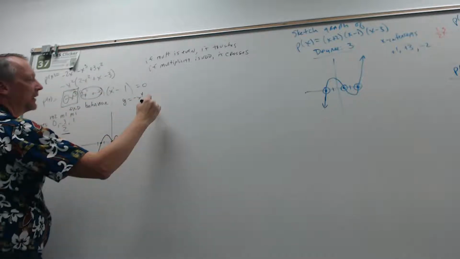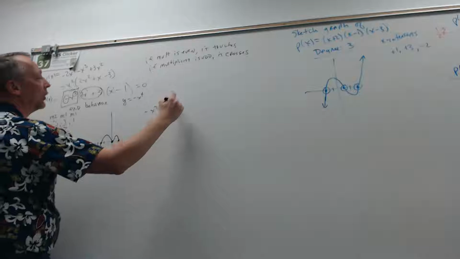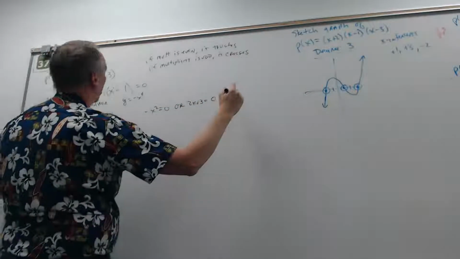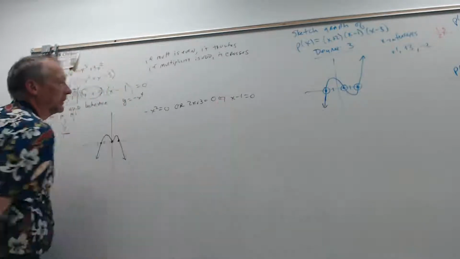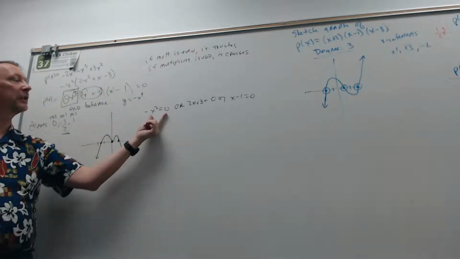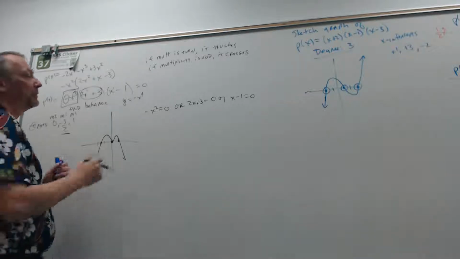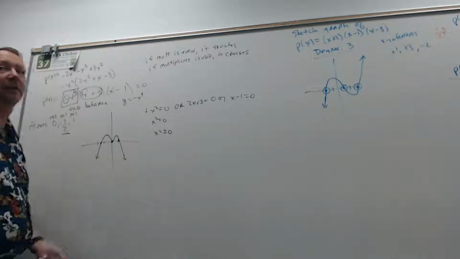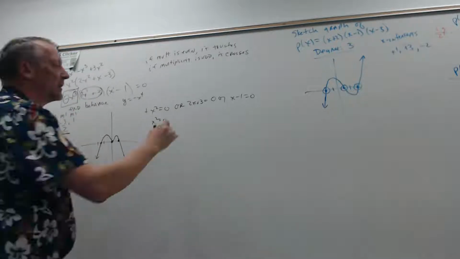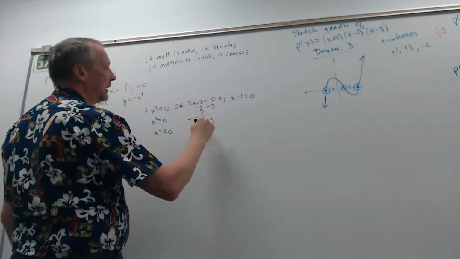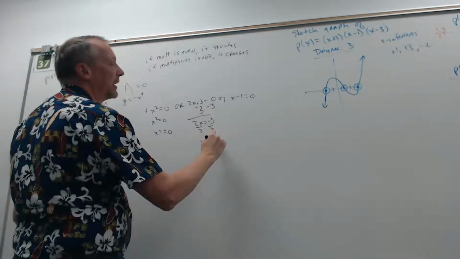So either negative x squared has to equal 0, or 2x plus 3 has to equal 0, or x minus 1 has to equal 0. Any one of these terms can be 0. I can multiply both sides by a negative: x squared equals 0, x equals plus or minus 0. For 2x plus 3, I subtract 3: 2x equals minus 3, x equals minus 3/2. That's how we get that.